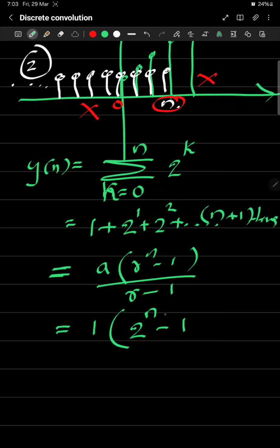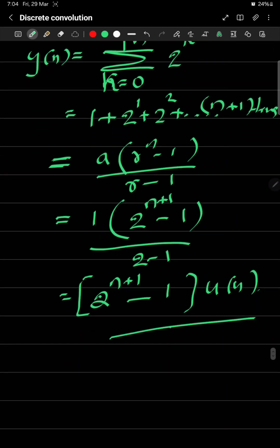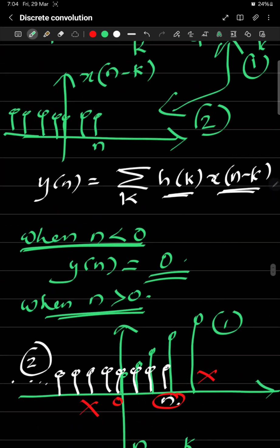It's not n, we have n plus 1. Okay, because number of terms is n plus 1 divided by r minus 1, 2 minus 1. So you got it as 2 raised to n plus 1 minus 1. So you can say into u of n will be there, because this is valid only for n greater than 0.